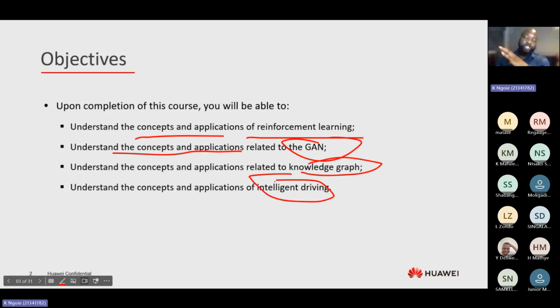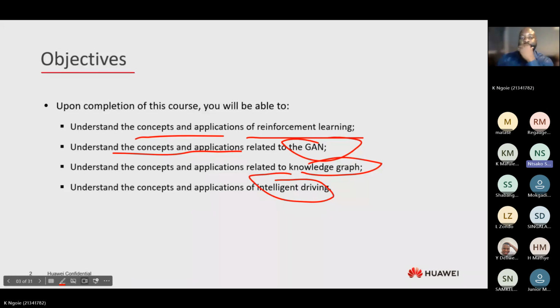So intelligent driving is basically all your self-driving cars, your autonomous driving. Can anybody give us a definition of what is reinforcement learning in your own words?